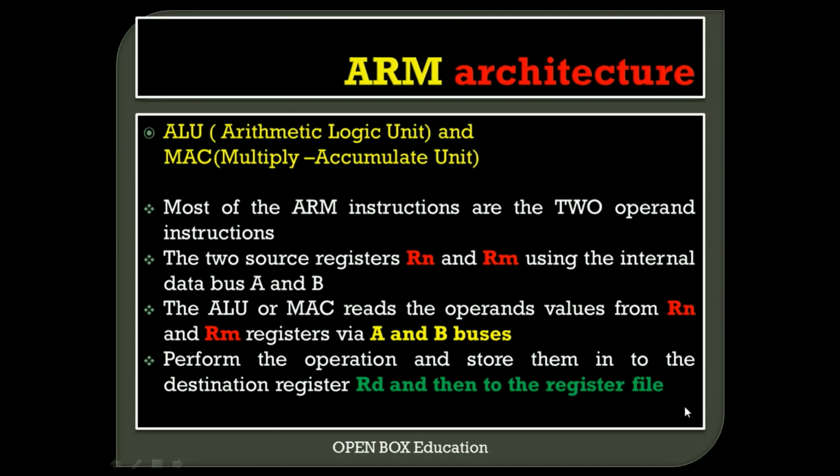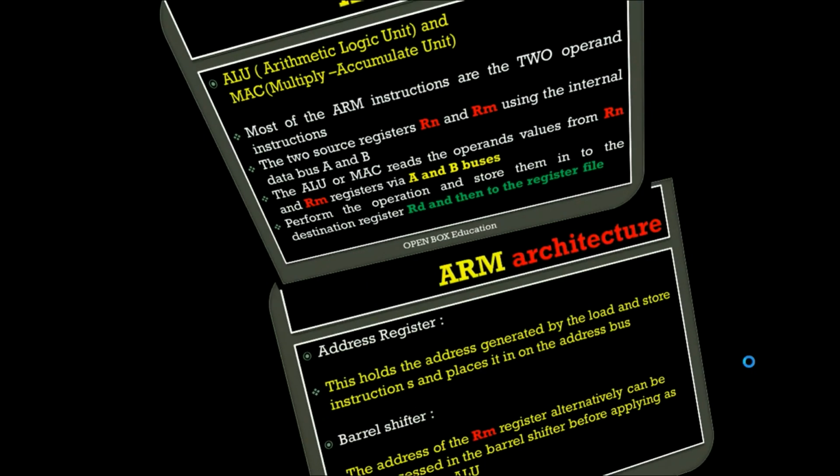So this is the functioning of the arithmetic and logic unit or the multiply and accumulate unit. Here we use two source registers Rn and Rm, and we get the data to these registers from the A and B buses. After doing the arithmetic and logic or multiply and some division operations, it stores the results in the destination register Rd and then to the register file.